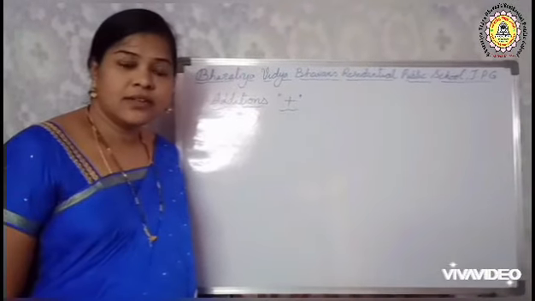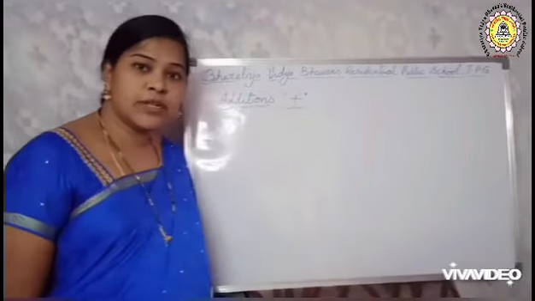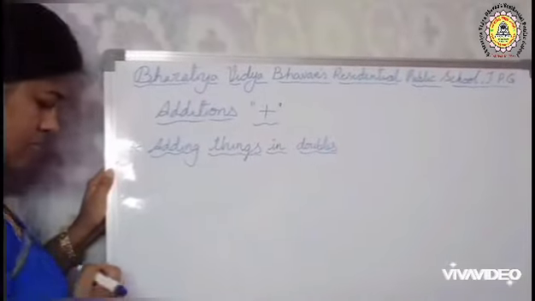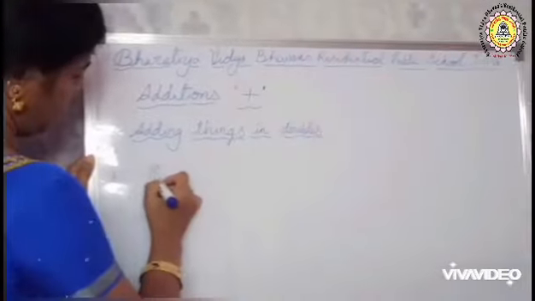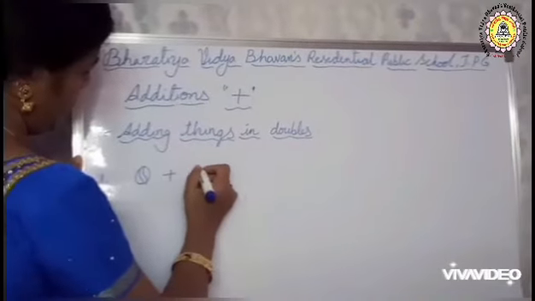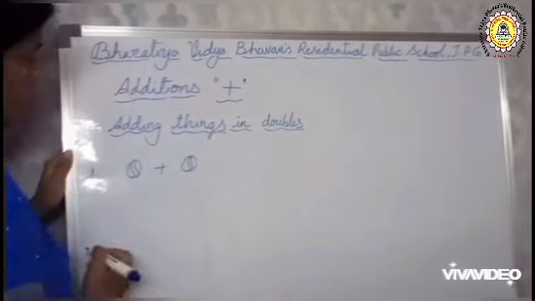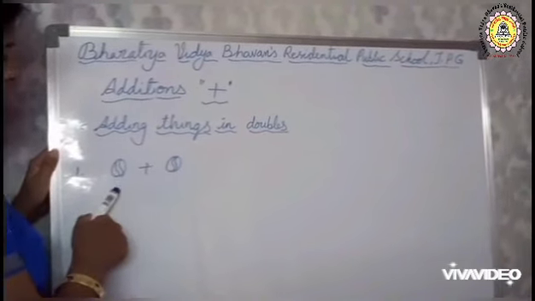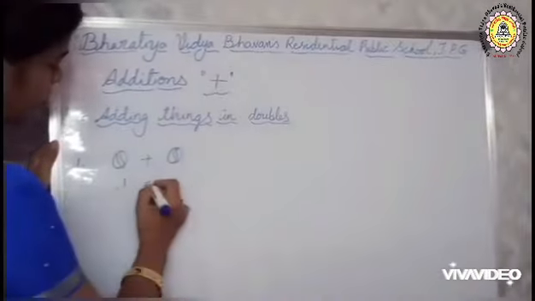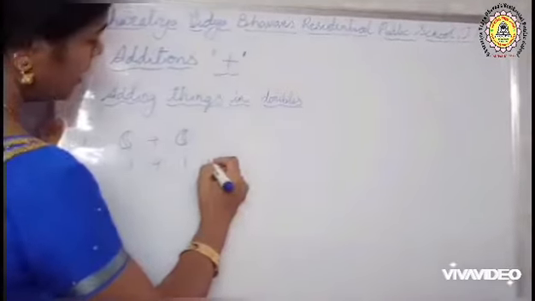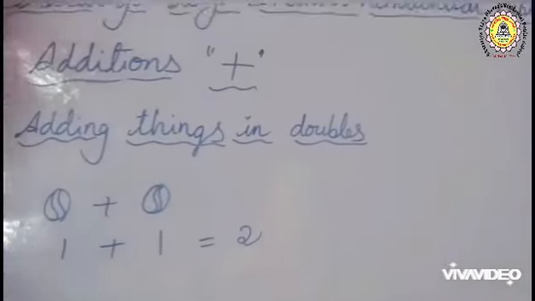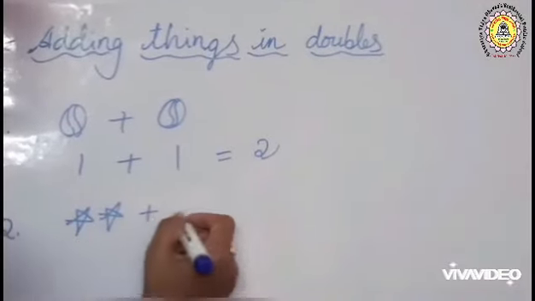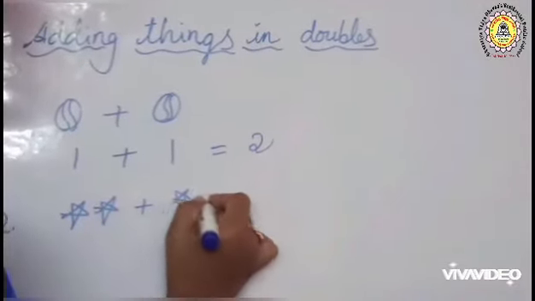Now let us learn adding things in doubles. Here there is a ball. 1 plus 1 is equal to 2. Here 2 stars are there and here also 2 stars are there.